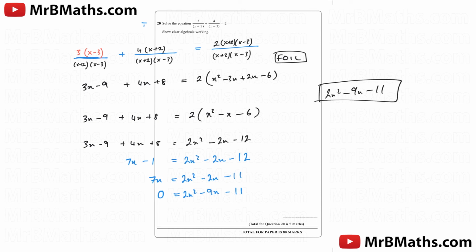So we've got a calculator paper, so we can do the formula. So a, b, and c, if we remember, ax squared plus bx plus c is the generic template for a quadratic. We've got a as positive 2, b as negative 9, and c as negative 11.